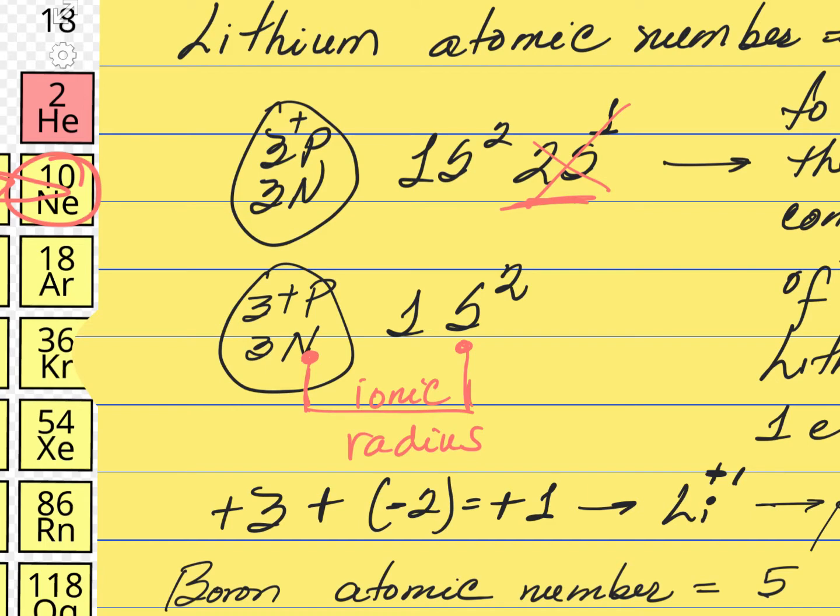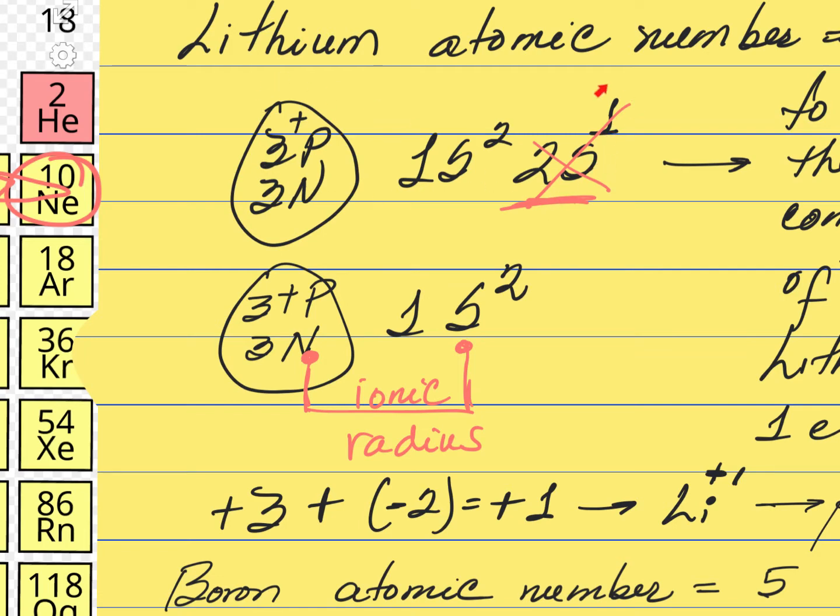So, which process will take less energy in order for lithium to reach the electron configuration of neon, or to reach the electron configuration of any noble gas? It's going to be easier for lithium to lose 1 than to accept 7. See? Losing one takes less energy.